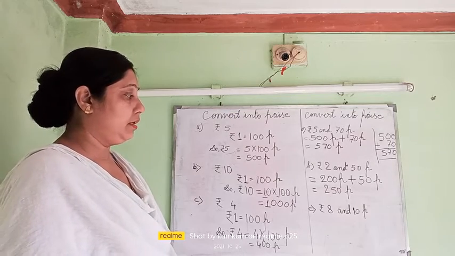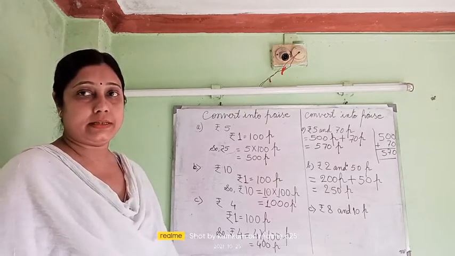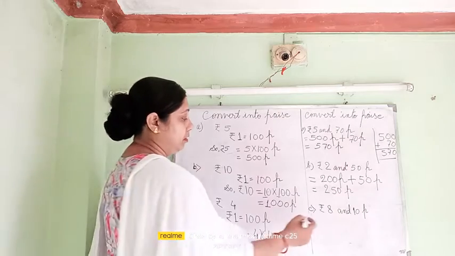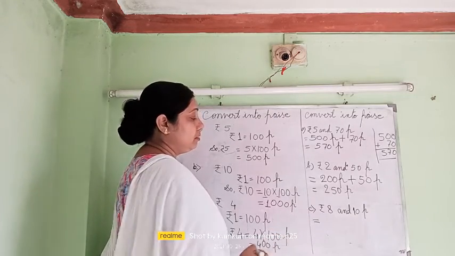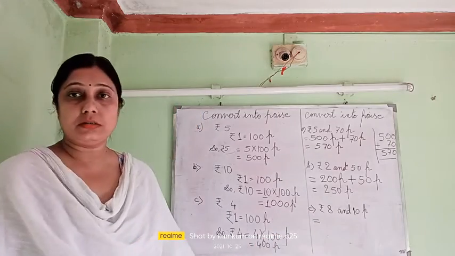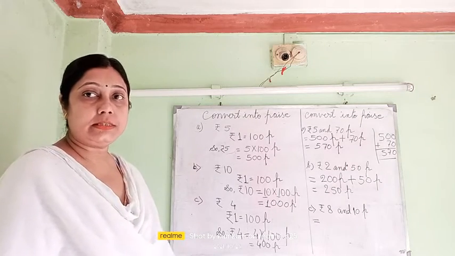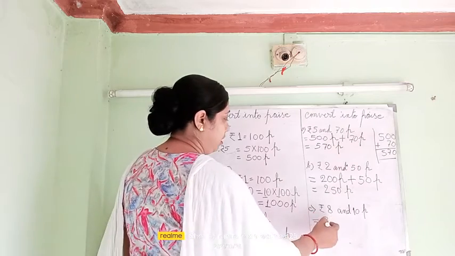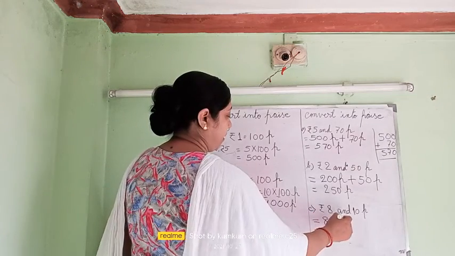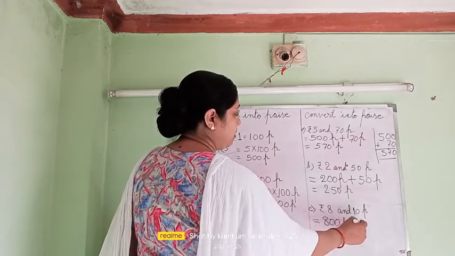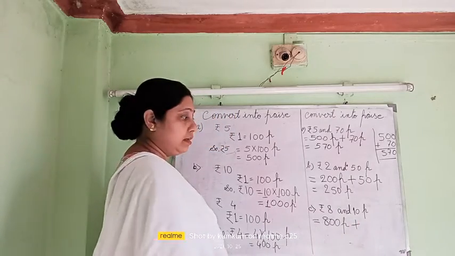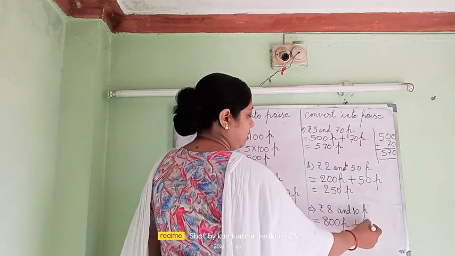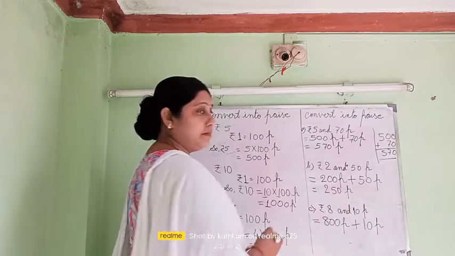Next, 8 rupees and 10 paise. Now again you convert. 8 rupees means what? 8 rupees means 800 paise. So I am going to write here 800 paise. In place of and, I will put plus sign and 10 paise.